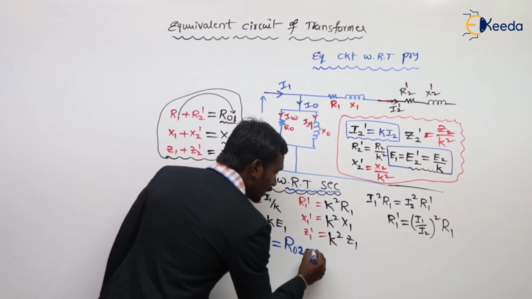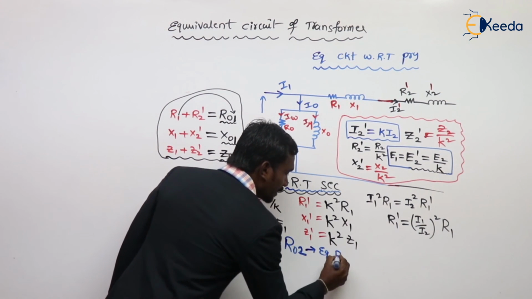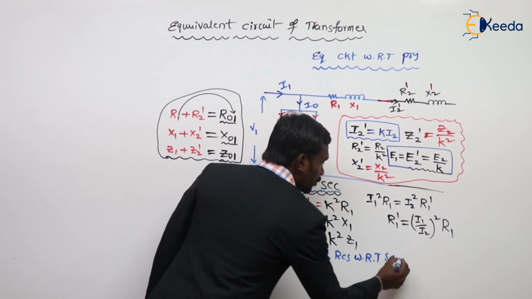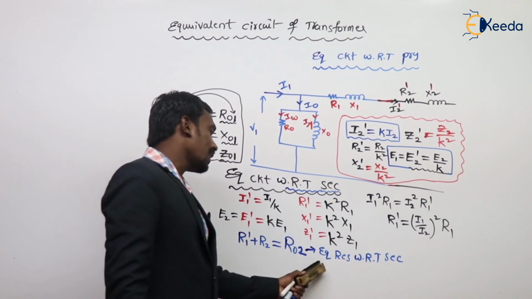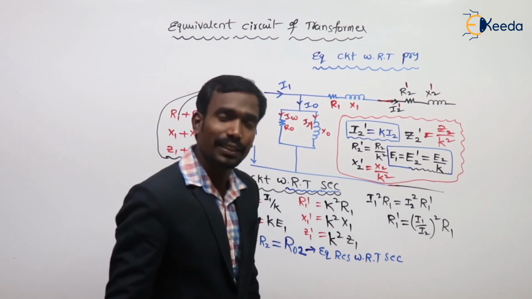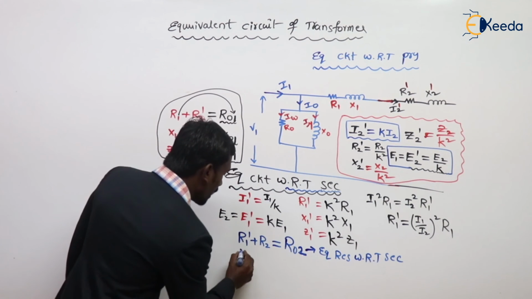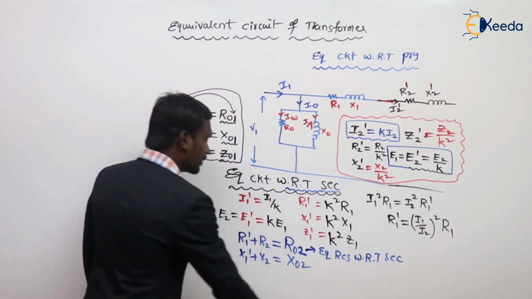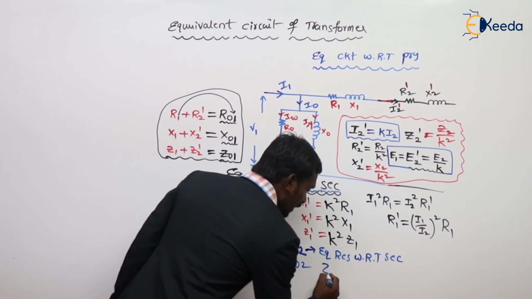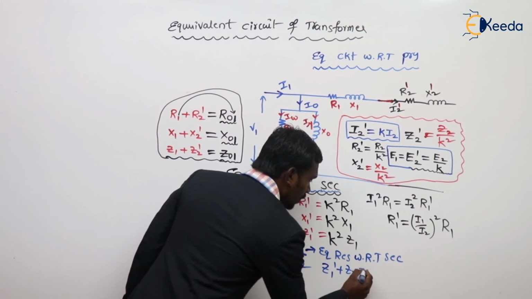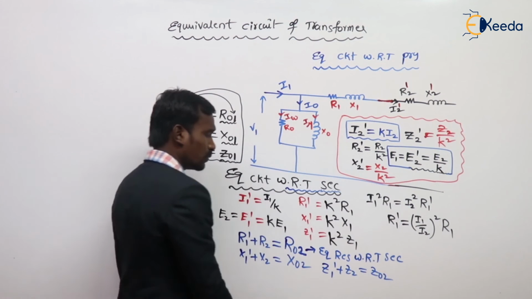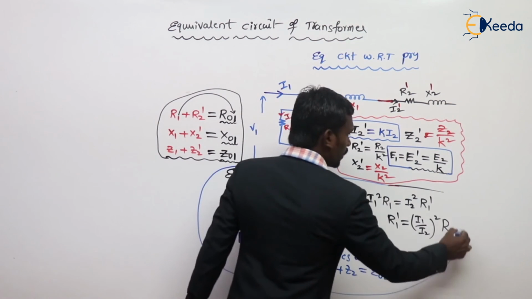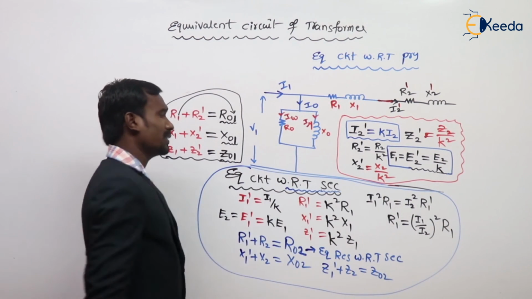Here, R02 is called the equivalent resistance referred to secondary. As usual, X1 dash plus X2 is equal to X02, and Z1 dash plus Z2 is equal to Z02.